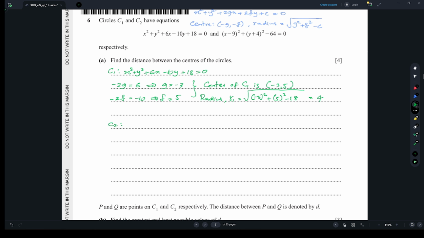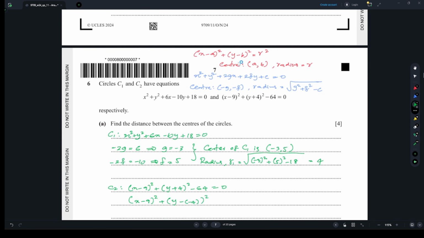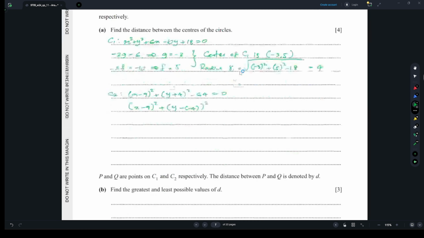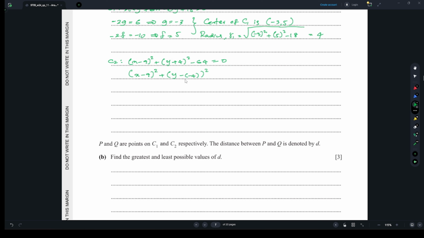And then let's take C2. The C2 equation is this one: (x minus 9) squared plus (y plus 4) squared minus 64 equals 0. Now I'm going to modify it a little bit. Why did I write it like this? Because in the general form we have minus a, minus b, so in the middle we have minus.